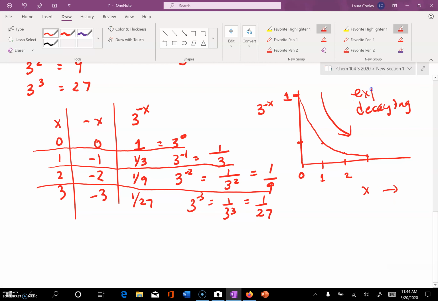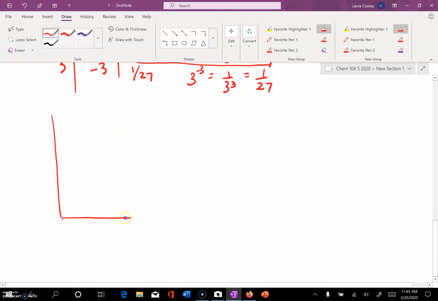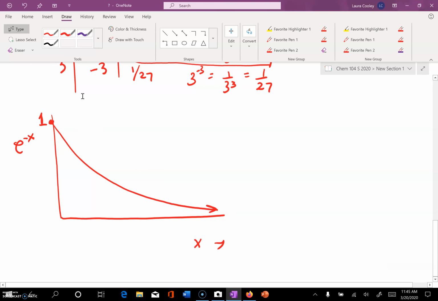So this is an exponential decay, or decrease, as x increases. Okay, so e to the minus x really looks exactly the same. It's just a little bit different in terms of the numbers. But it starts at 1, and it goes down. I didn't do a good job there, but there we go. This is e to the minus x versus x. Okay? So that's what the function looks like.